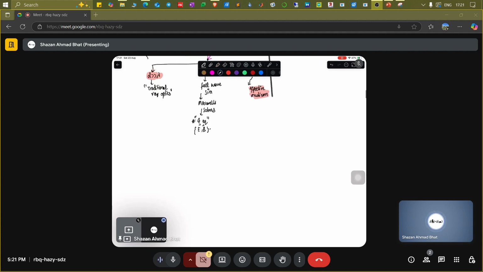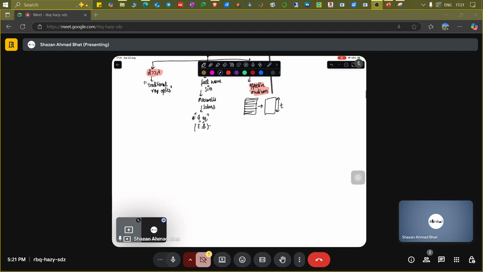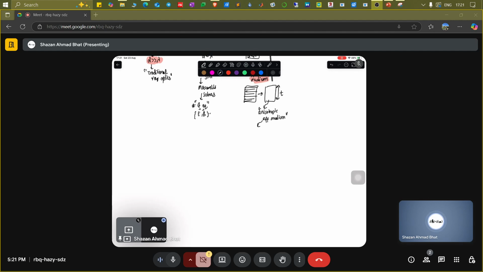What you basically do is consider the stack to be a single medium of thickness T, a single effective medium, but an anisotropic one. That means it is going to have an effective permittivity in the perpendicular direction and an effective permittivity in the parallel direction.